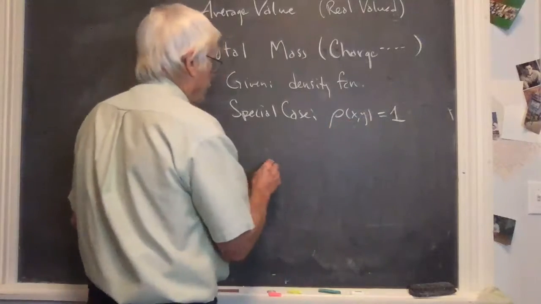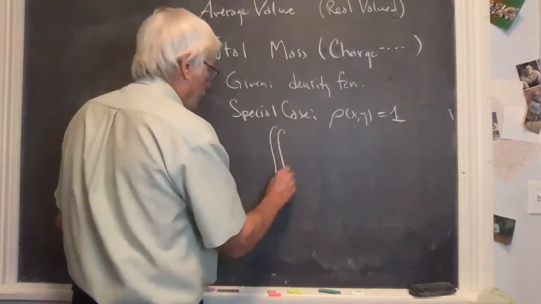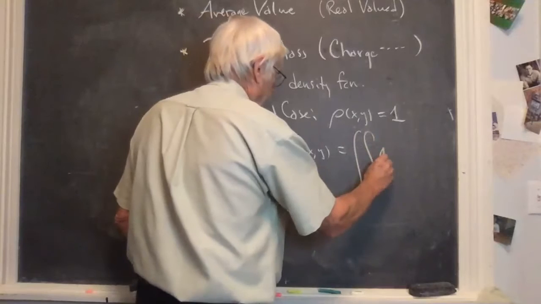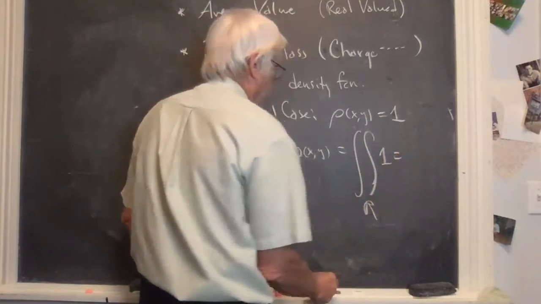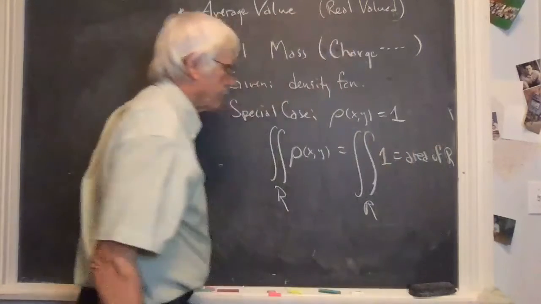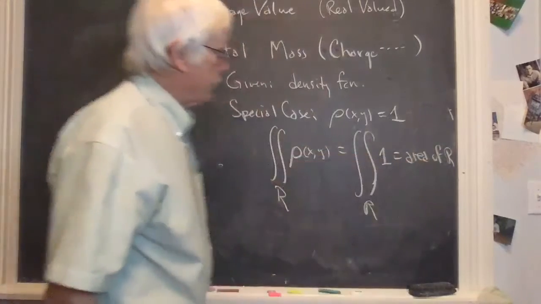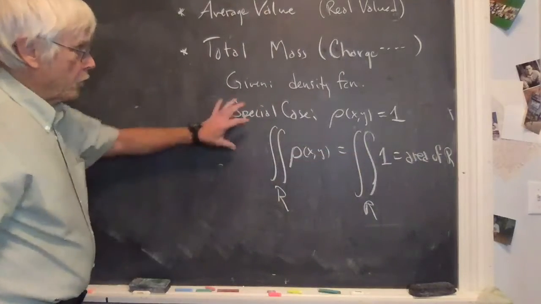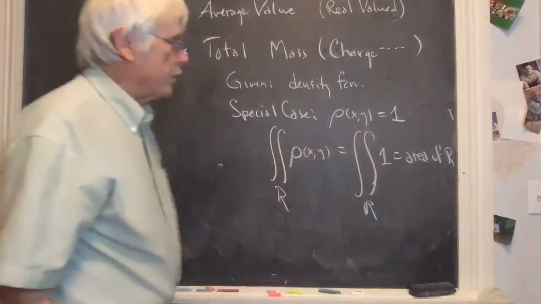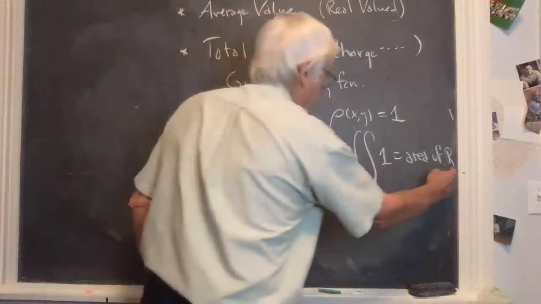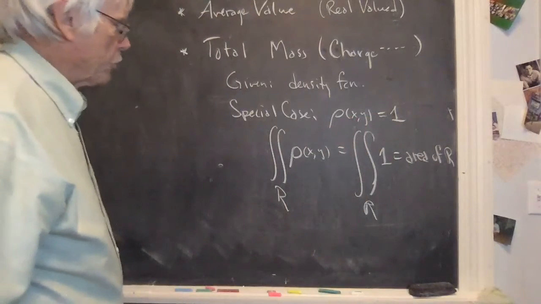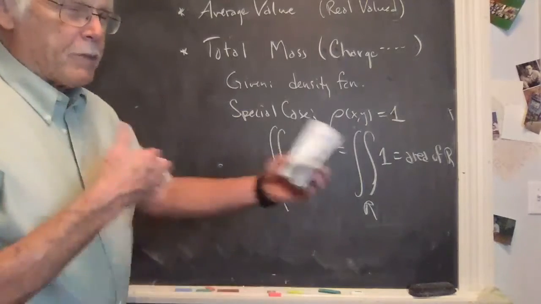If the density is 1, then the integral you get of the density function over R is the integral of the 1 function, which is the measure of R, in this case, the area of R. Or if R was 3-dimensional, this would give you the volume of R. So the special case is where the density is constant or 1, where this is just giving you geometric information about R. If the density is different from 1, depends on x and y, maybe x squared plus y squared, then this is giving you something about the mass distribution.